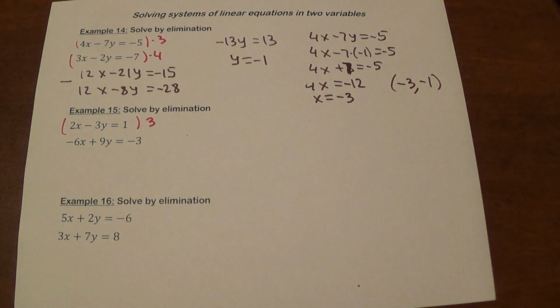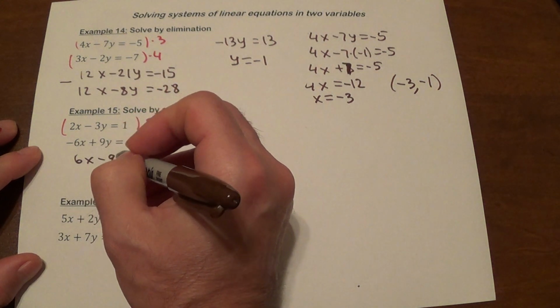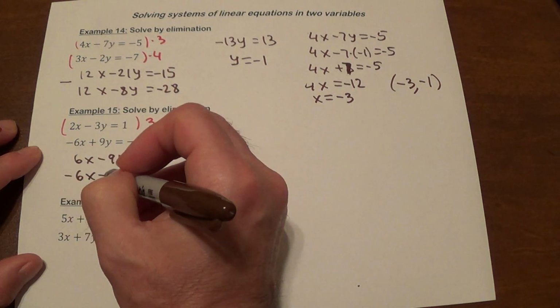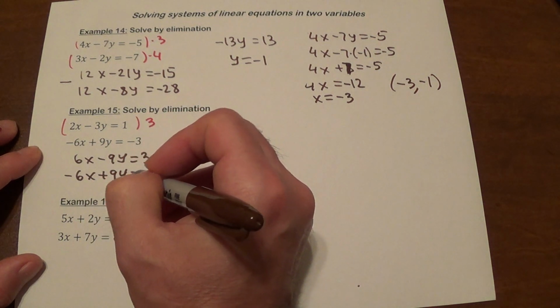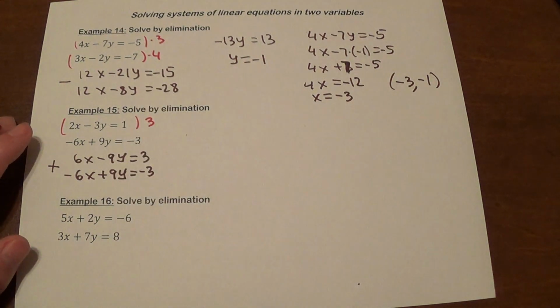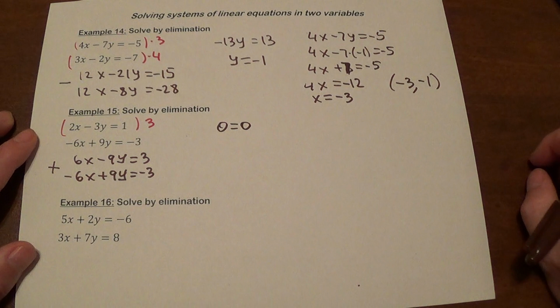What we're getting from this is 6x minus 9y equals 3, and the second equation is going to be negative 6x plus 9y equals negative 3. And if I subtract these two equations together, you're going to see something very interesting. It's going to give you 0 equals 0.